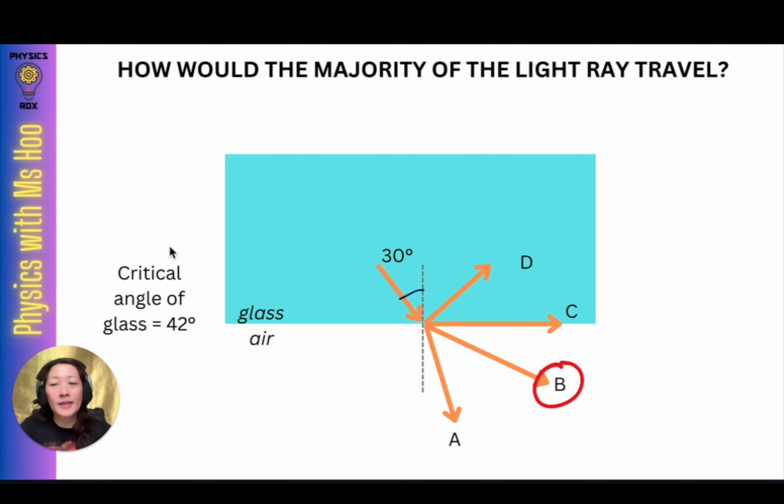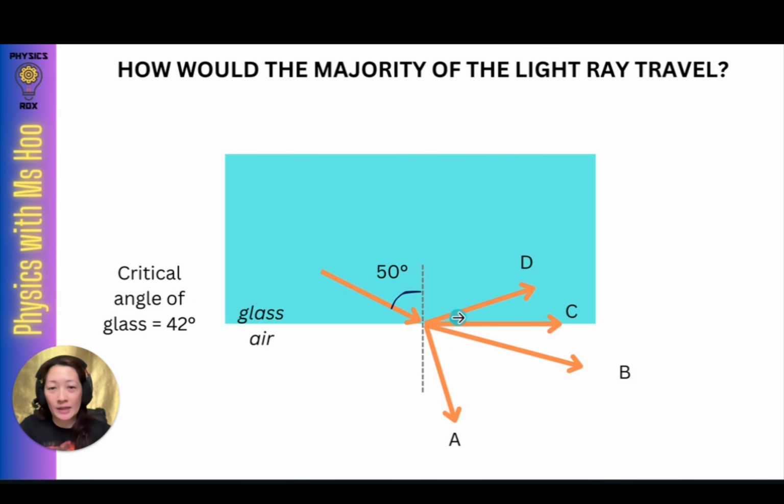And now let's look at a situation where the angle is much greater at 50 degrees. Let's check against the two conditions of total internal reflection. The incident angle of 50 degrees, as you can see, is greater than the critical angle. So yes, the first condition is fulfilled. The incident angle is greater than the critical angle. Second condition, the light ray needs to travel from a higher to lower optical density.